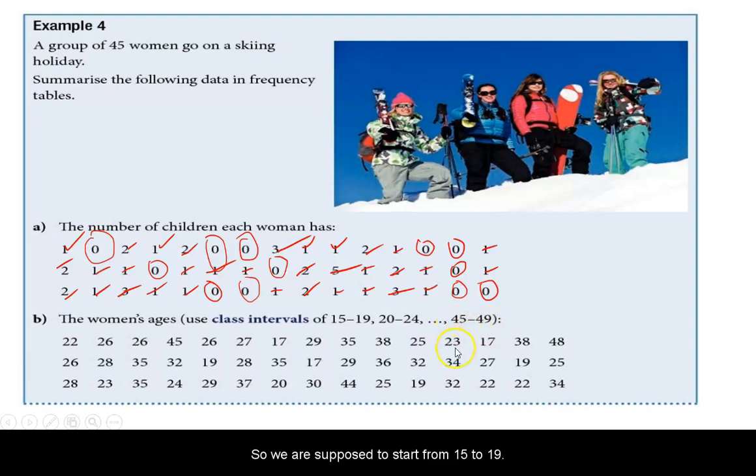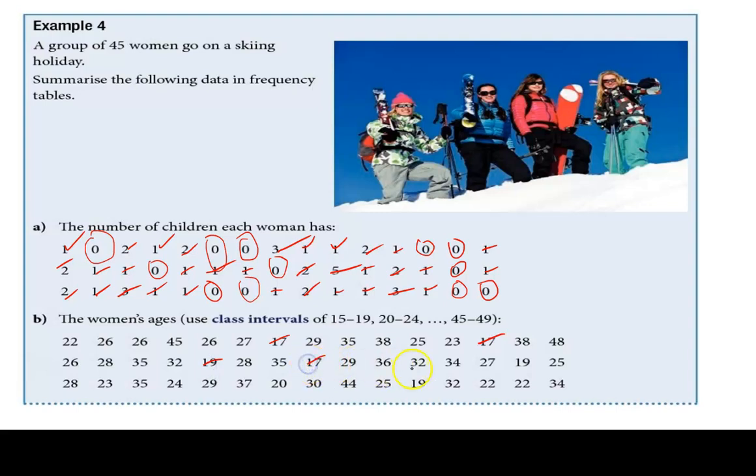We are supposed to start from 15 to 19. 17 is within that interval. We have 15, 17, this is 2 of that. 19 is here.